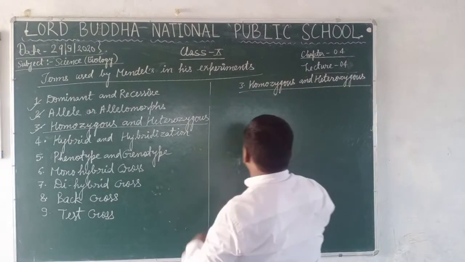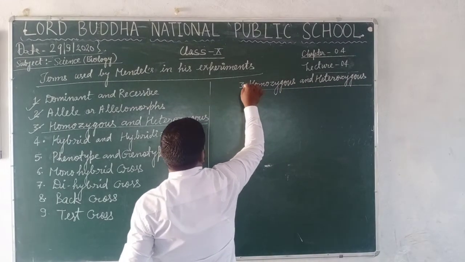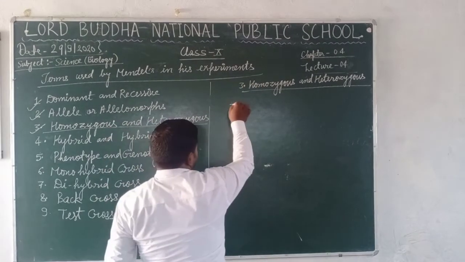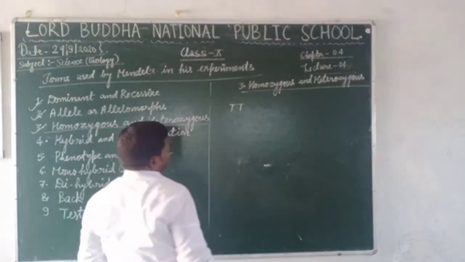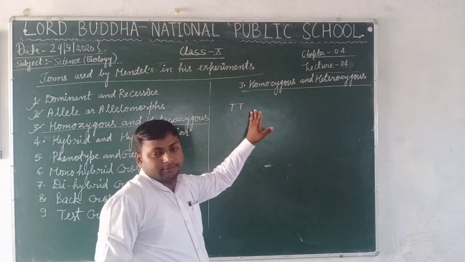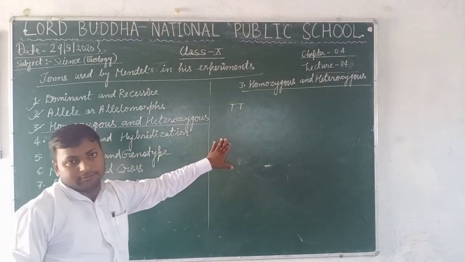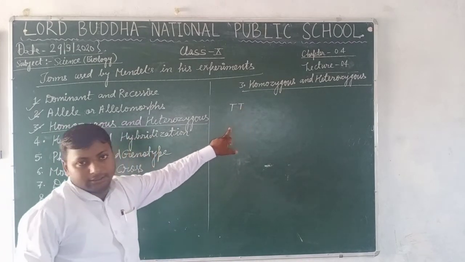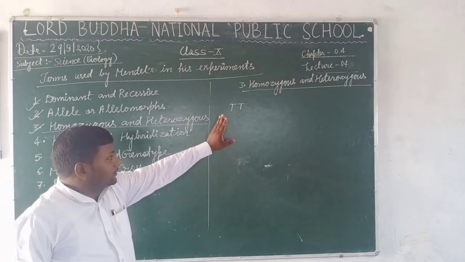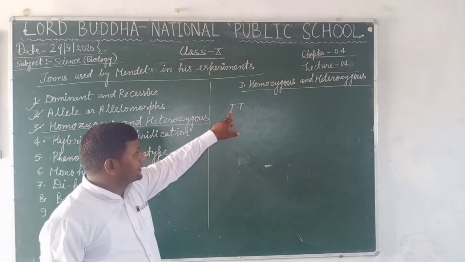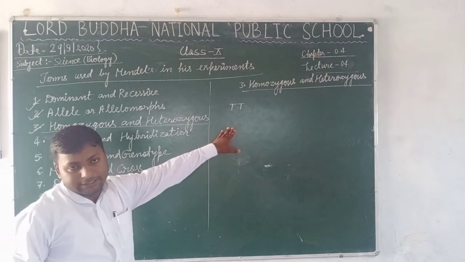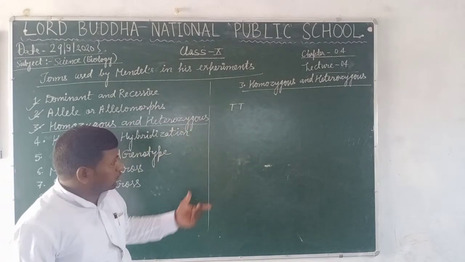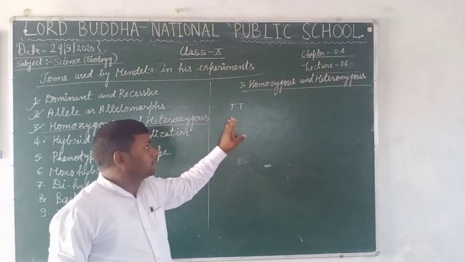So students, what are homozygous and what are heterozygous? The kind of traits that can be considered to be having similar genes present in their genotype, that is called homozygous.